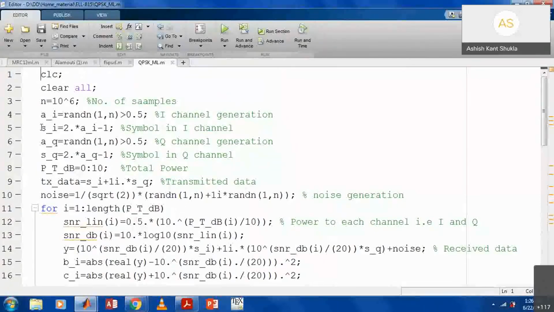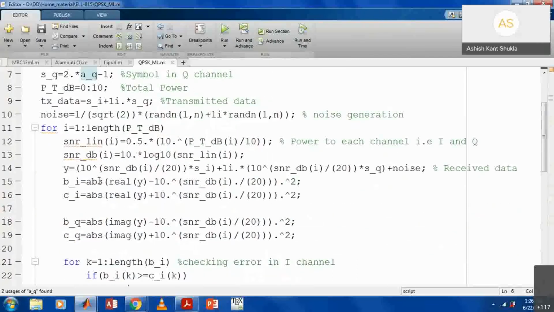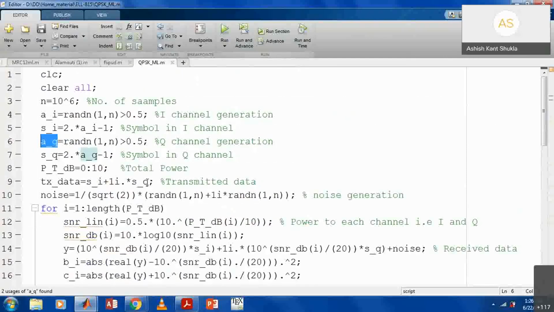QPSK can be termed as a scheme that is having two BPSK symbols, one in the I channel and one in the Q channel. So we have generated two symbols over here, SI and SQ, and using that we are transmitting it, and in the end everything is the same over here.